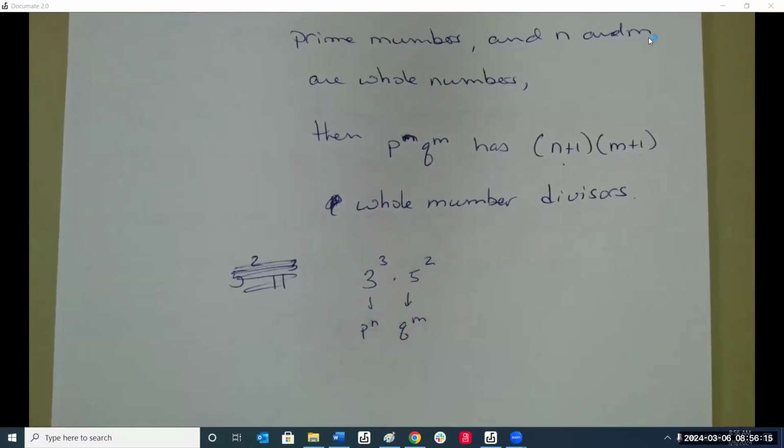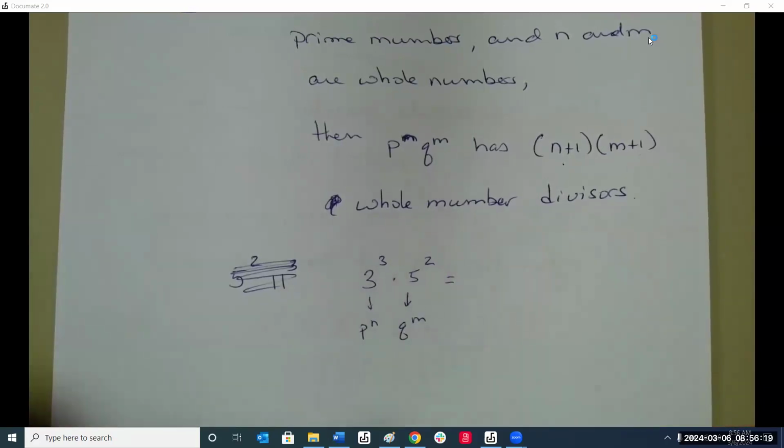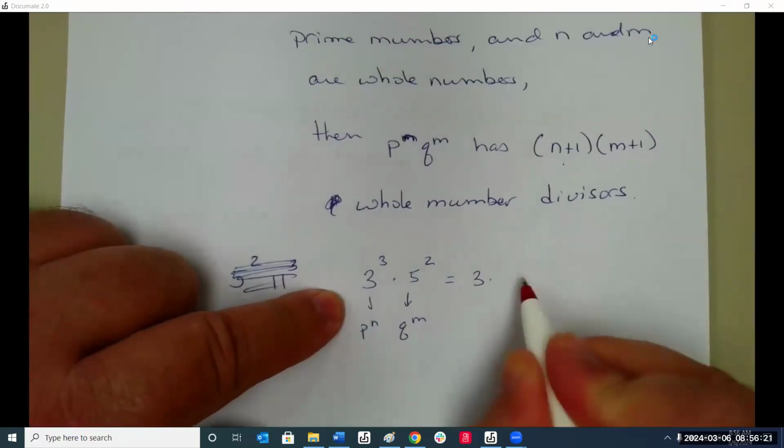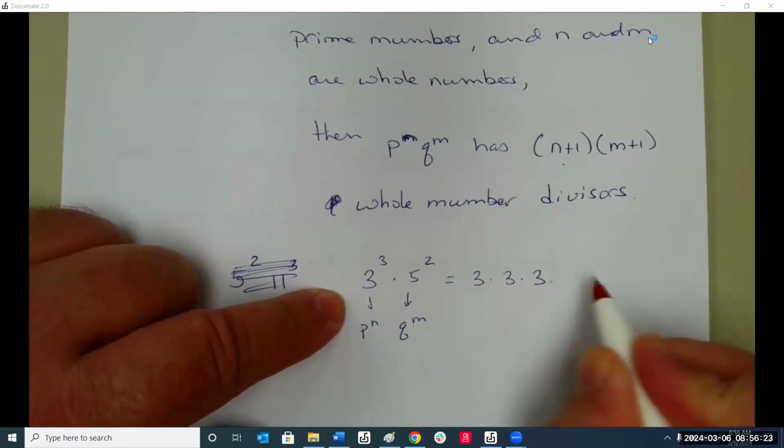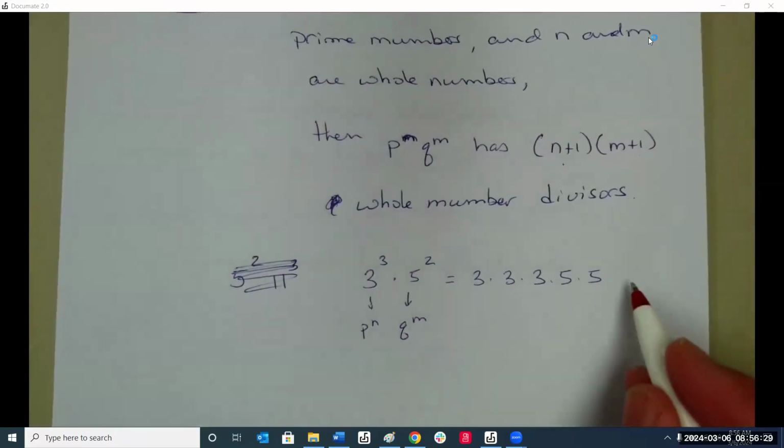Remember, they're multiplied. So what does this really tell us? This thing means 3 times 3 times 3 times 5 times 5. All of these numbers are divisors of the final answer.